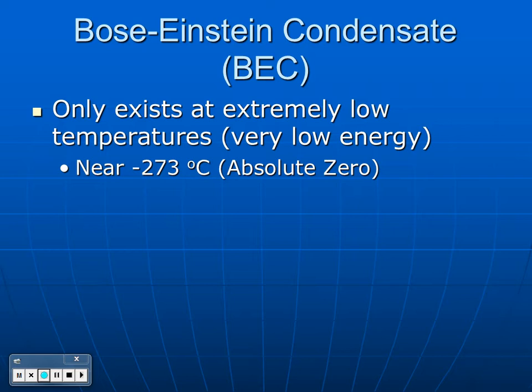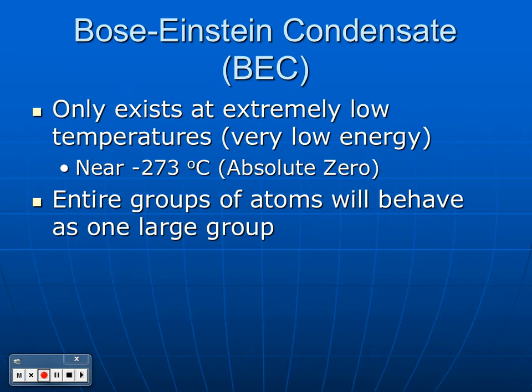Just like we talked about before, as the temperature gets lower and lower, what happens to the movement of those particles? Less and less. Slower, slower, slower. What eventually happens is if they move so slowly, they start glomming together with each other.